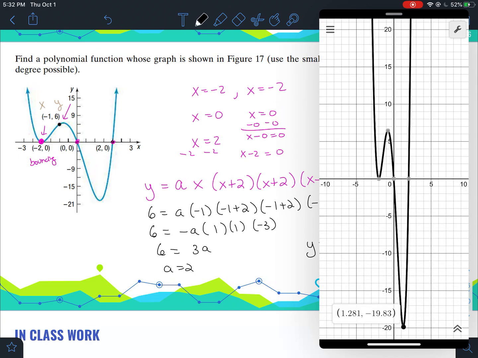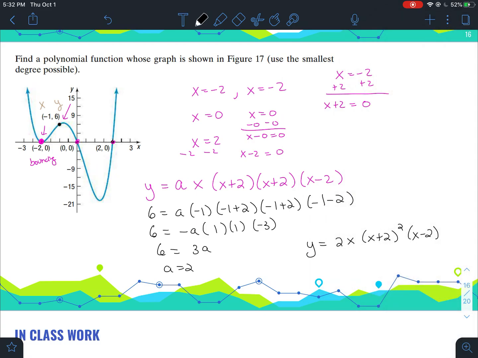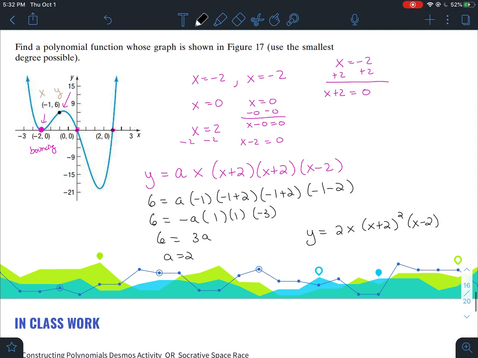We have it down there at negative 19, and notice that on our graph it looks like it's at negative 19. We have negative 2, 0. We also have negative 1, 6 if we scroll up to that. And if I spread it out, I could make it look a little bit wider like that one. So that would be one expression that could match that graph.